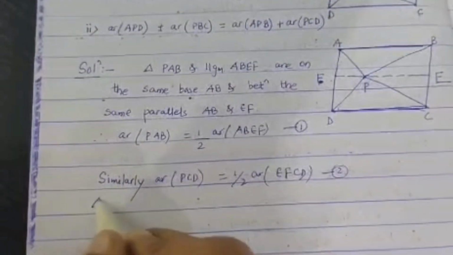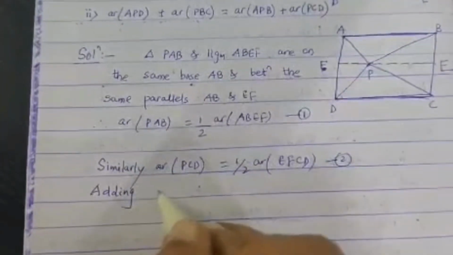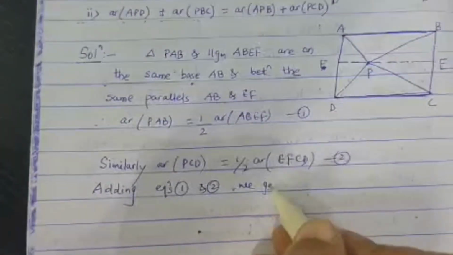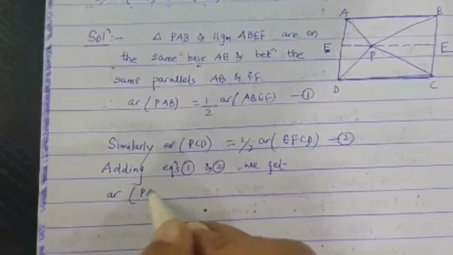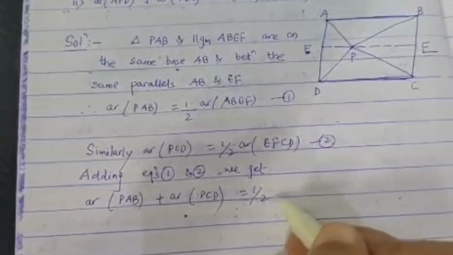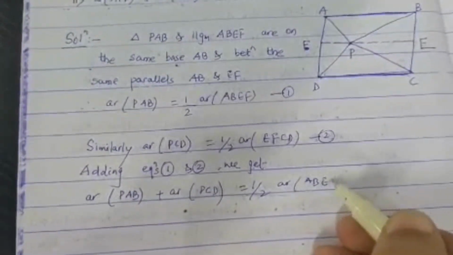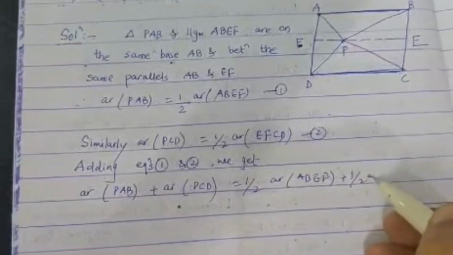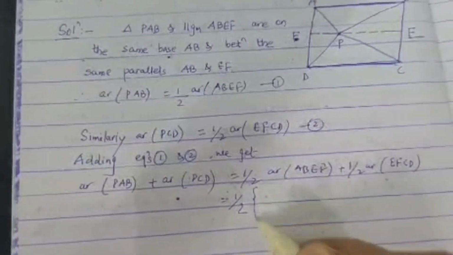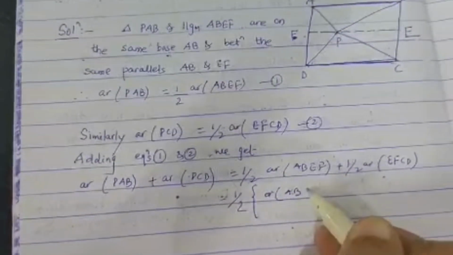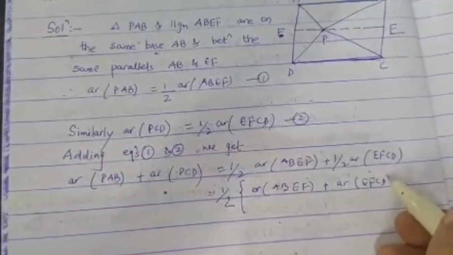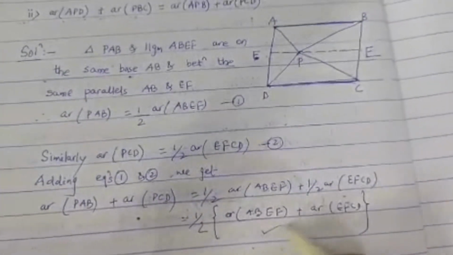Now adding equations 1 and 2, we get area PAB plus area PCD is equal to half of area ABEF plus half of area EFCD, that is equal to half of, half is common, area ABEF plus area EFCD.